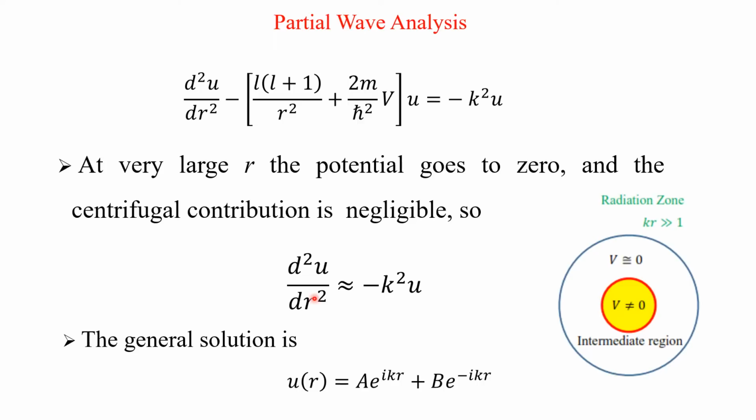So this equation will become d squared u over dr squared, which is approximately equal to minus k squared u. The general solution for this one is u of r equal to A e power ikr plus B e power minus ikr.